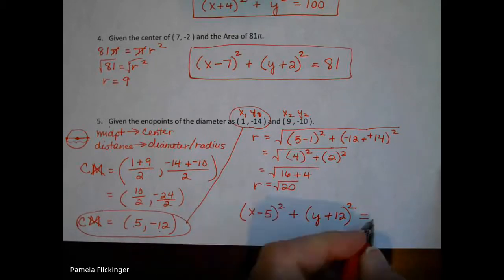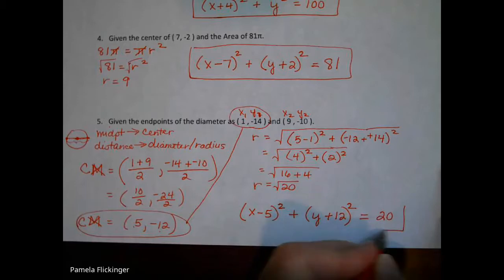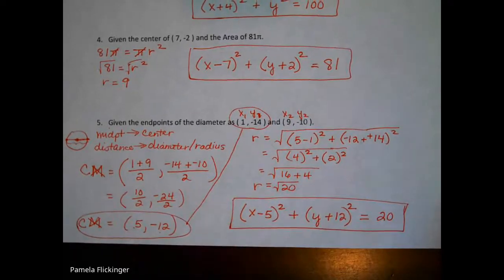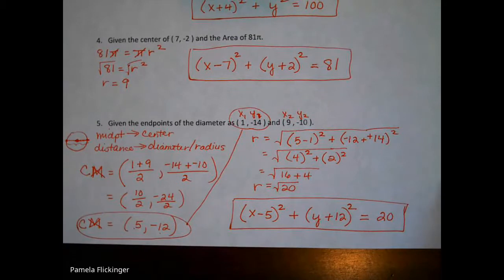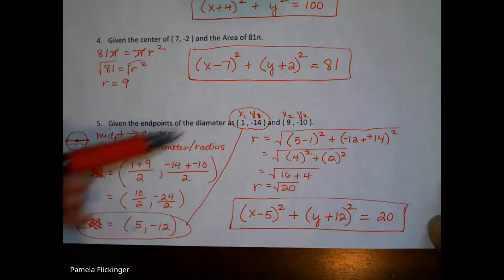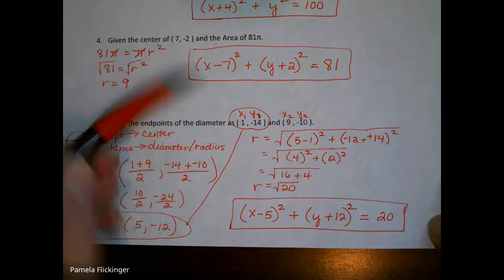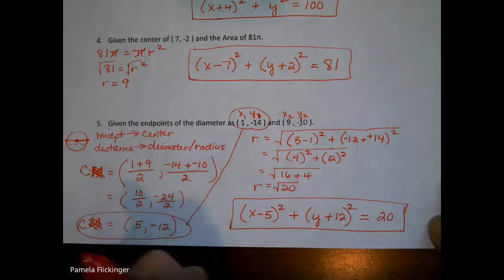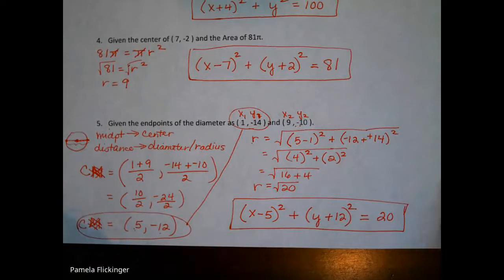Squaring and square rooting cancel, so that's just 20. Here's your equation. So again, instead of calling it M, let's call it C when we're finding the midpoint, because that's what we're finding, the center. And for distance, make sure you use the center and one of the endpoints, or use the two endpoints of the diameter, but then we would have to divide by 2 at the end.